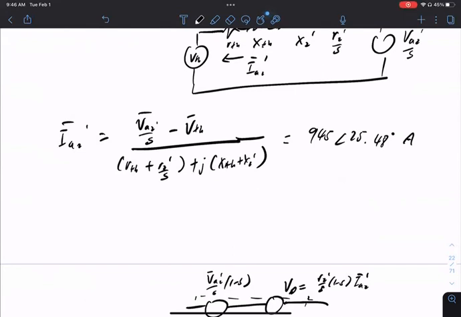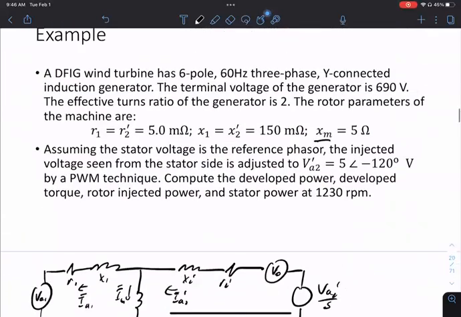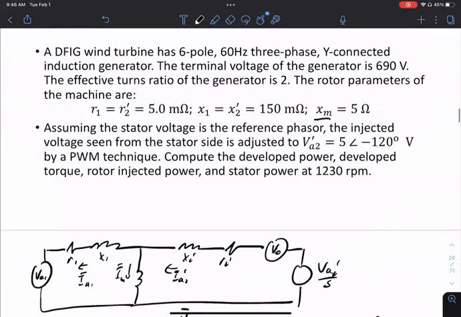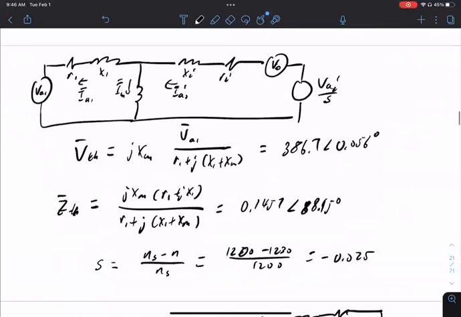Now, what is the angle difference, theta R, between the voltage and the current? So that's an interesting part. What is the angle difference then? Okay, so you have VA2 prime, this voltage with the angle of minus 120.